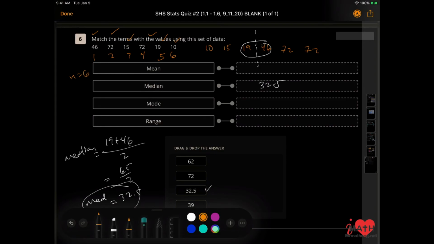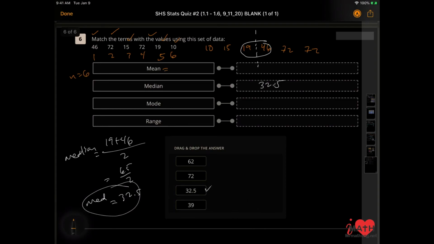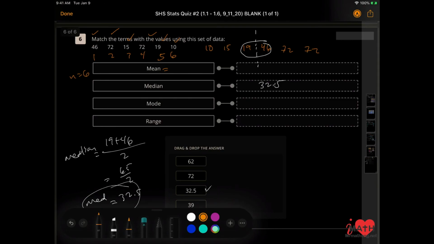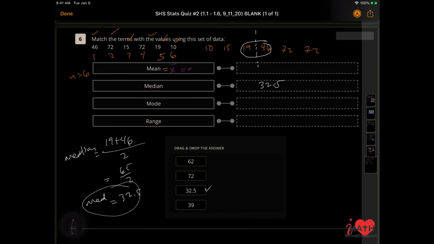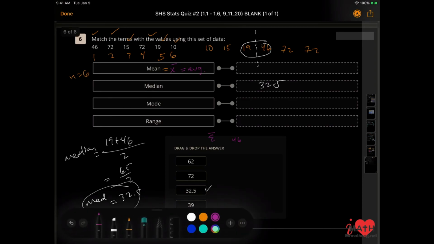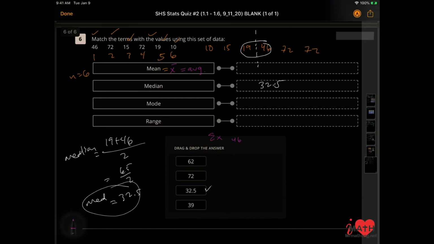All right, change colors. The mean, or also called X bar, or an easy word, the average, is the summation, the Greek letter sigma, of all of those numbers divided by the number in your list.